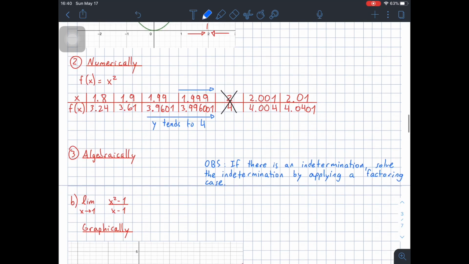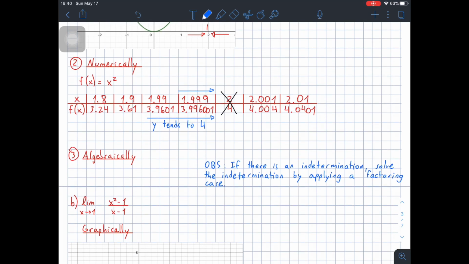And if I do the same analysis from the right, I'm coming from right to left in this case. I'm approaching x equals 2, and I'm comparing the y values. And once again, we see that the y values are tending to 4. So once again, y tends to 4.